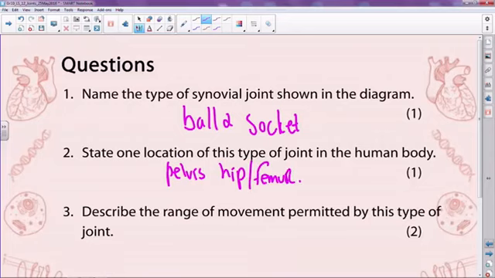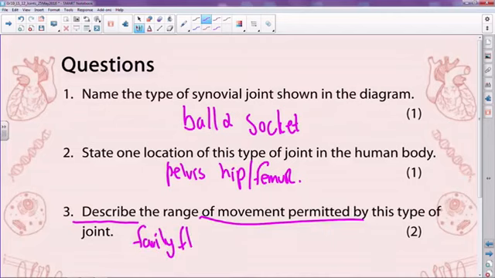Question number 3 goes back to: describe the range of movement permitted. First of all, you would have said that it is fairly flexible. And what range of motion? Rotation.